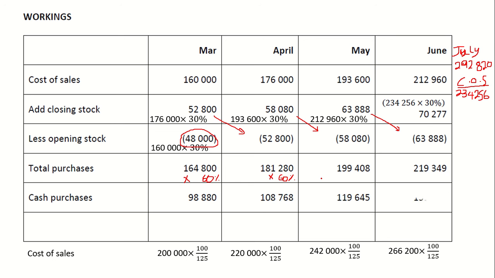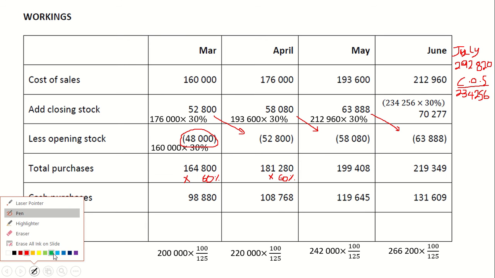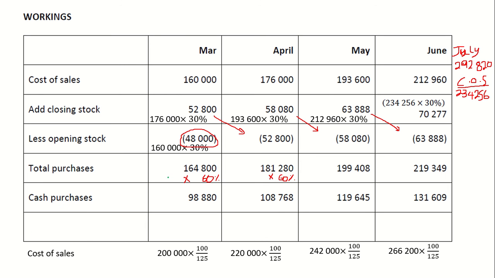You do the same thing for May. My credit purchases will simply be the same amount, but now I'm multiplying it by 40%. If 60% is cash, it means 40% will be on credit. And it'll give me my credit purchases for each month.